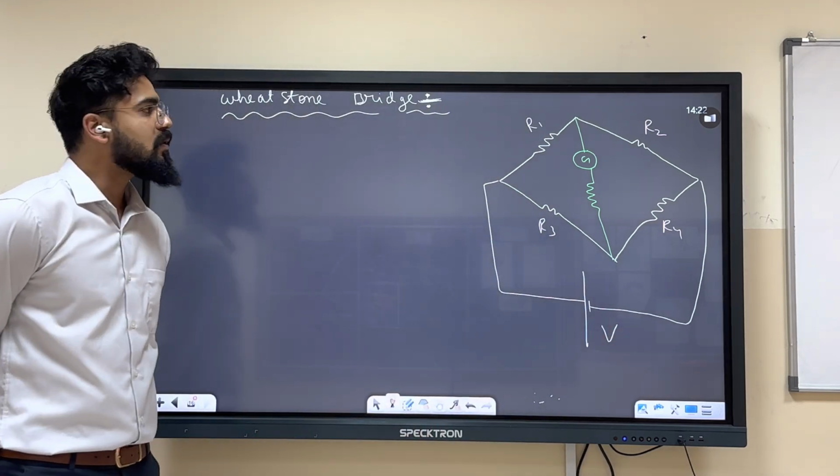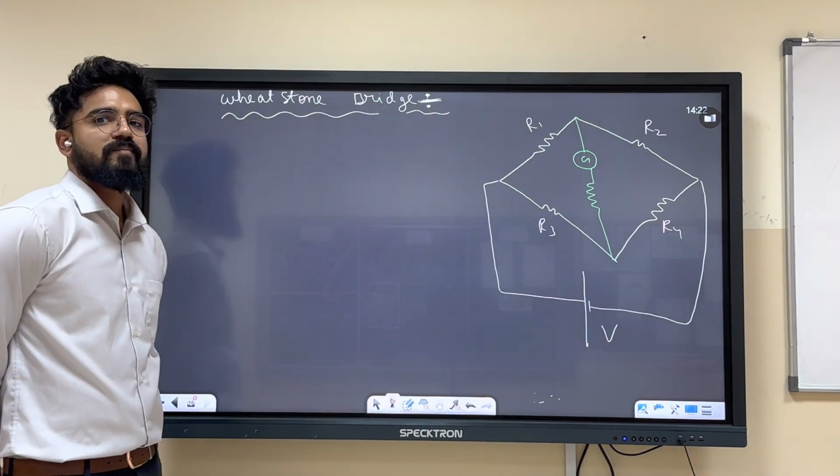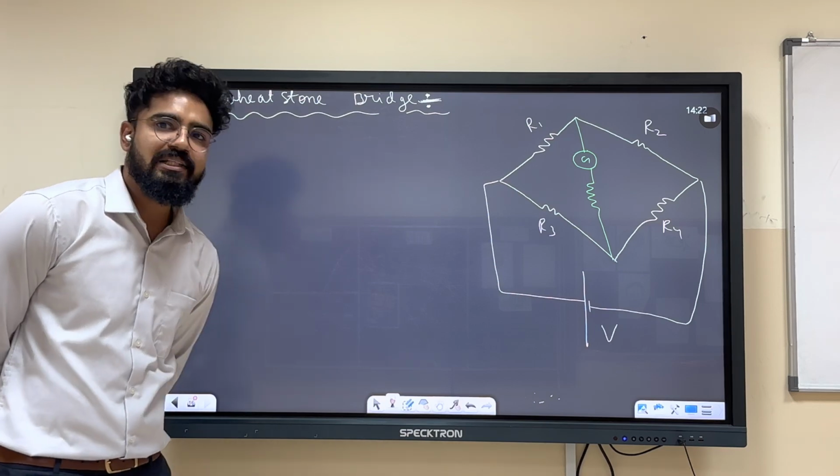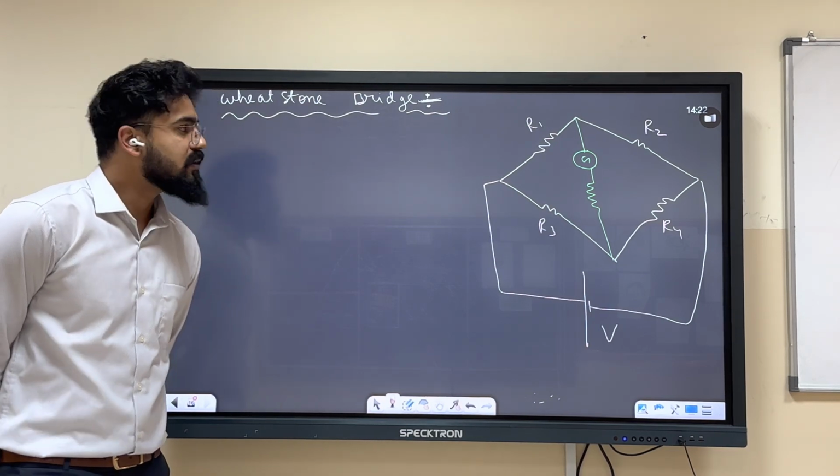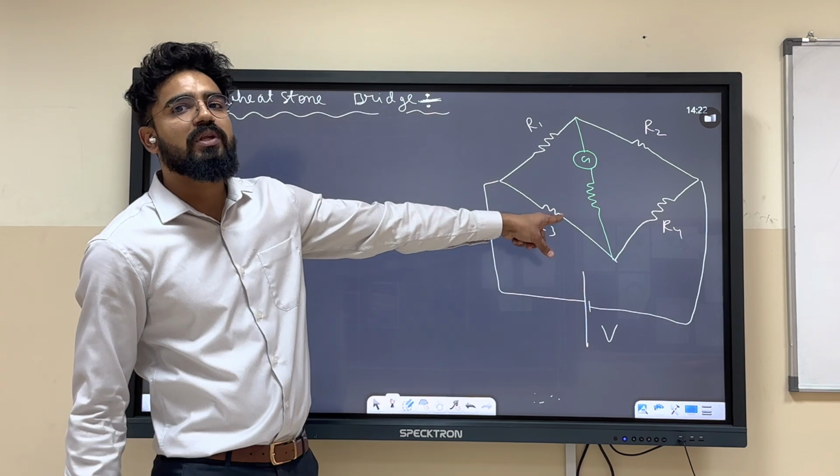Now, the fundamental is that in a balanced Wheatstone bridge, there will be no current flowing through the galvanometer.